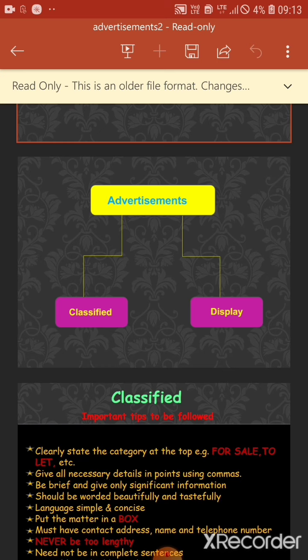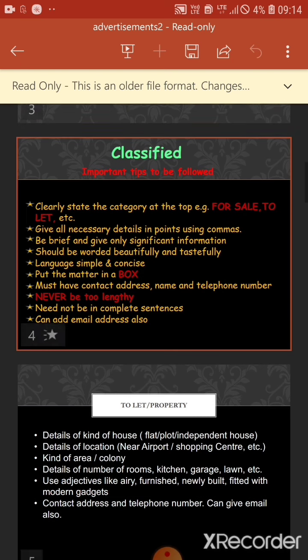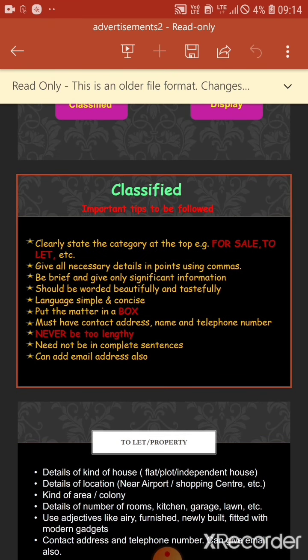Now we have already discussed that there are two kinds of advertisement: classified and commercial or display. And we are going to discuss the classified advertisement. A classified advertisement is written by an employer who is seeking the services of a person in his organization, or to sell, purchase, or give on rent any property, or for many other purposes.